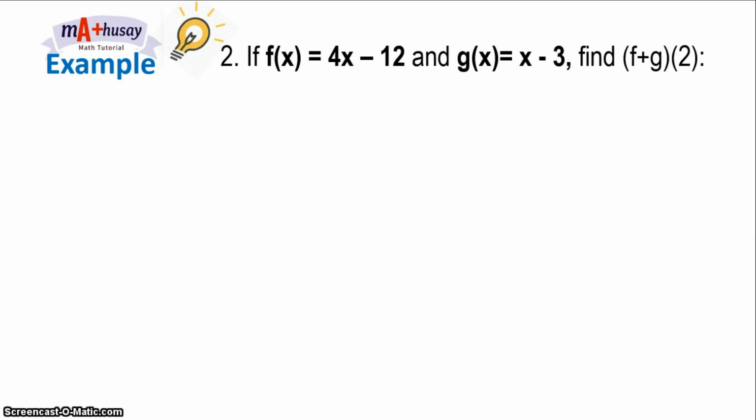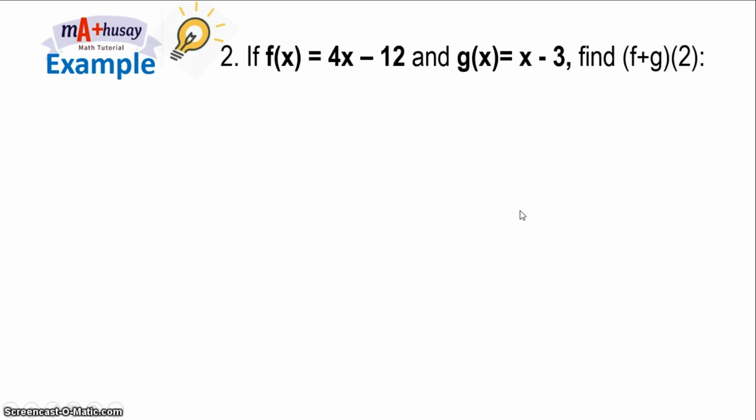Example number 2. If f of x is equal to 4x minus 12 and g of x is equal to x minus 3, find f plus g of 2. So this time, mag-a-add tayo at the same time, nag-e-evaluate tayo ng function. Tapos natin i-add yung dalawang function na f of x at g of x.